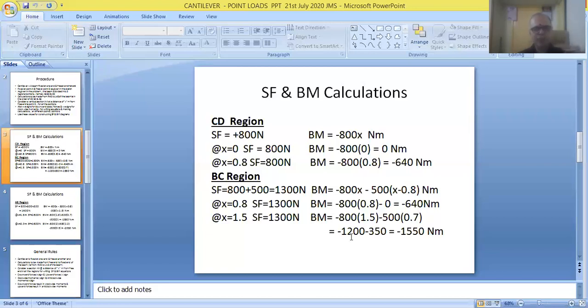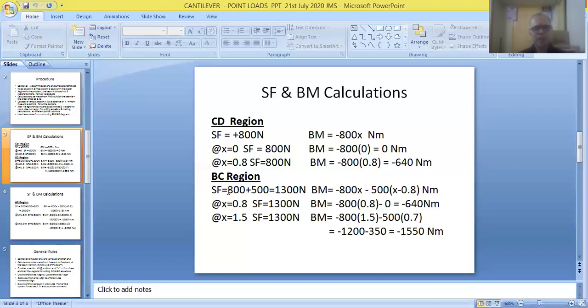So this will be minus 1200, this will be minus 350. So ultimately, it is obtained as minus 1550 Newton meters.